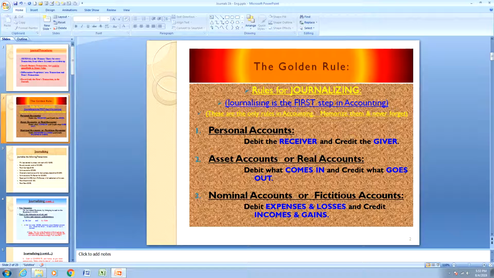Asset accounts: debit what comes in and credit what goes out. Nominal accounts: debit expenses or losses and credit incomes and gains. I am once again telling you that these are the only rules in accounting. Memorize them and never forget.